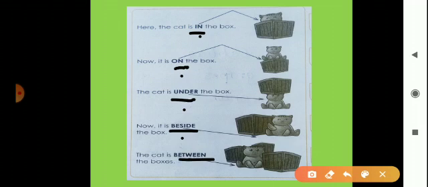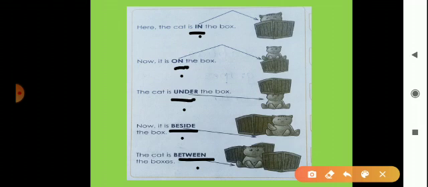So between is also a position word, because these words tell us where the cat is. In, on, under, beside, between, these words show where the cat is. So these are position words.